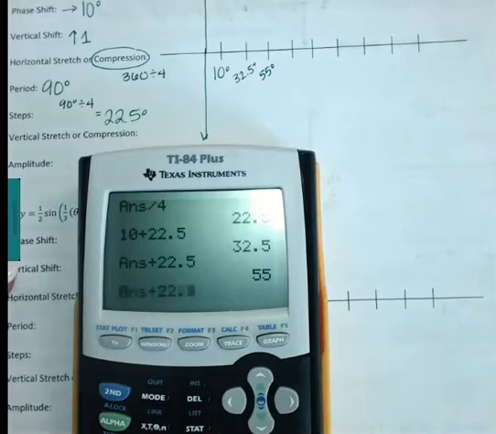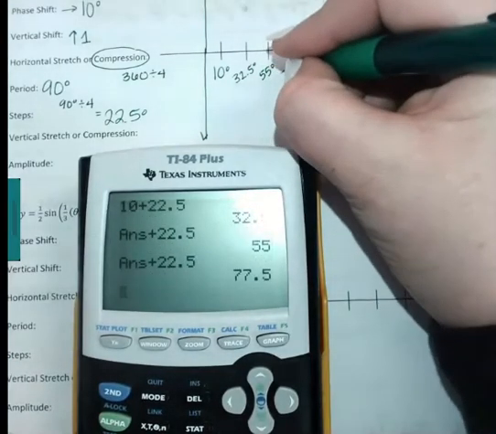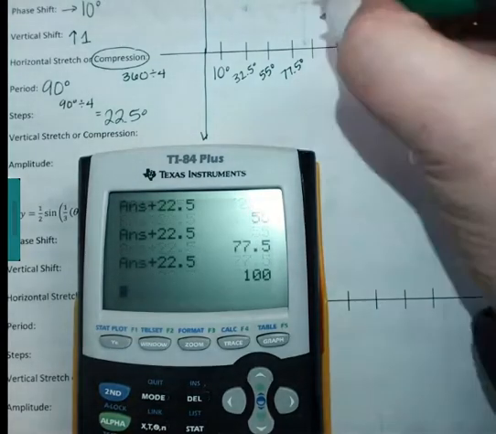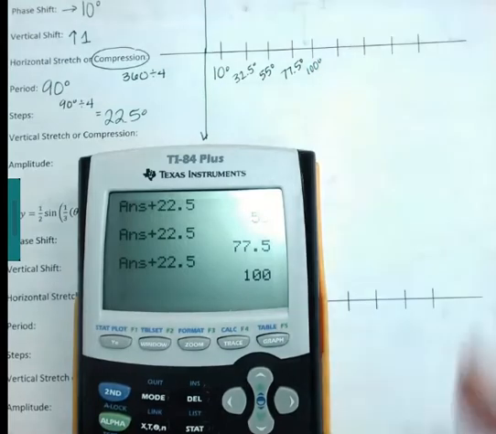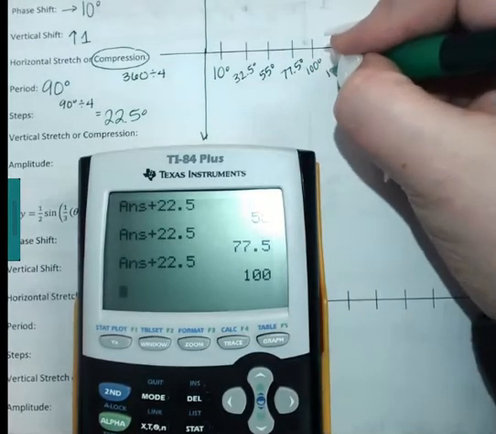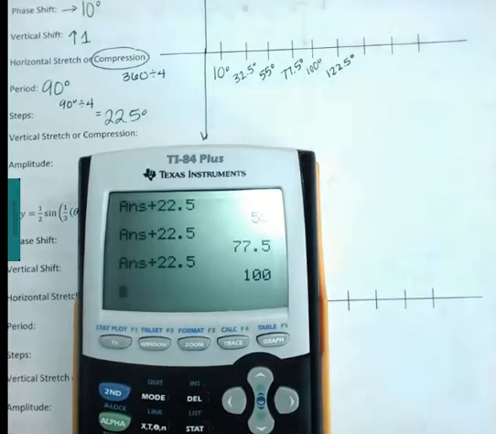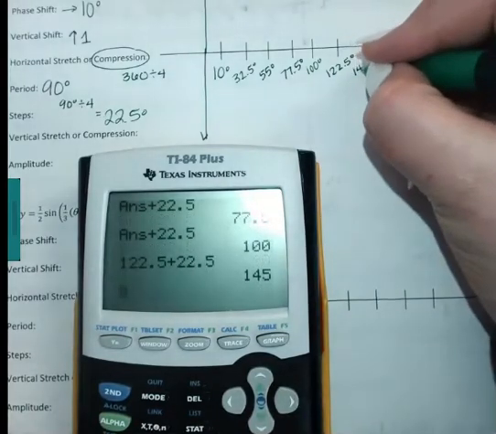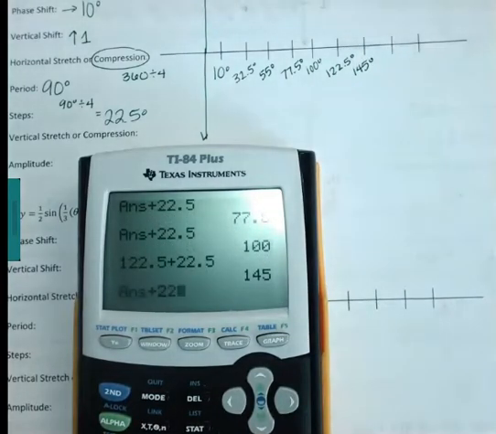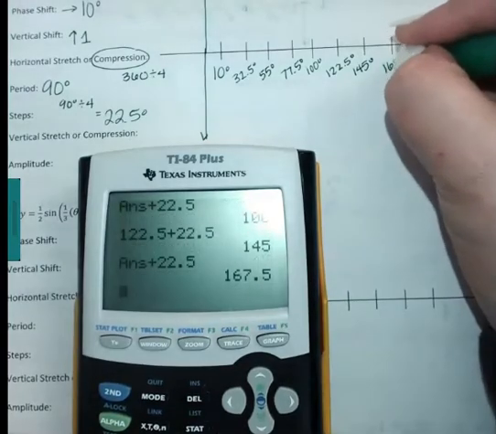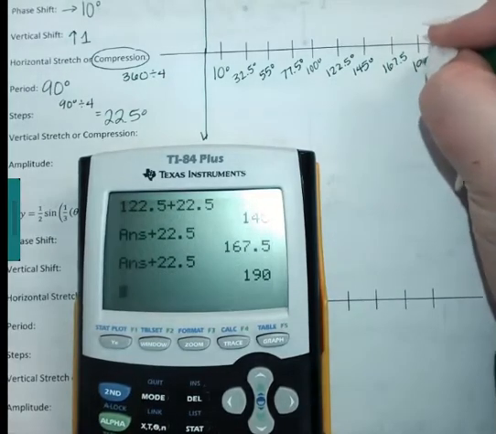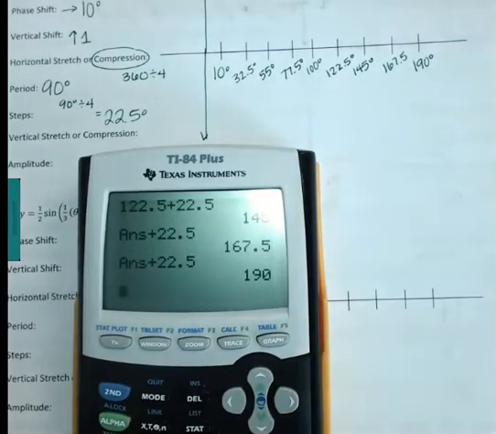Then 77.5, then for my next one, 22.5 more, I get 100 degrees. Then 122.5. Then 122.5 plus 22.5 more gives me 145. And 22.5 more gives me 167.5. And then the last one is 190.